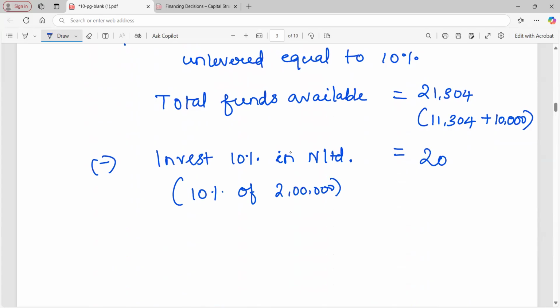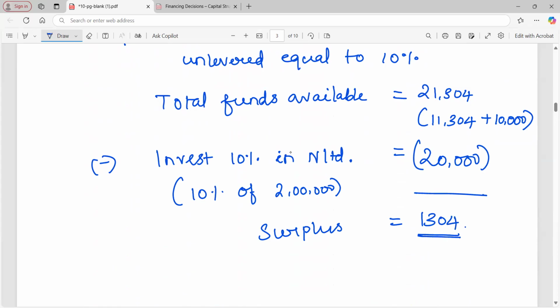So the investor is going to invest 20,000. So now the investor has surplus cash of 1,304. Right? How? Because the investor has 21,304 rupees in his hand, out of which he is going to invest only 20,000 in the N Limited or the unlevered company. So the remaining 1,304 is the surplus fund available with the investor.